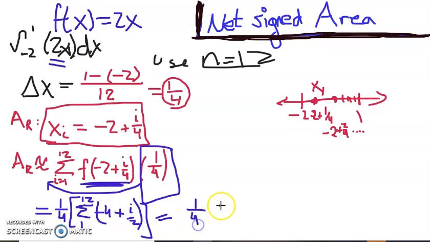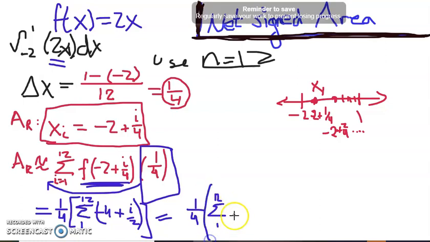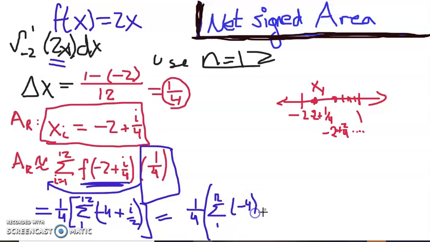So 1/4 times the sum from 1 to 12 of -4, plus the sum from i equals 1 to 12 of, I'm actually going to write this as 1/2 i, just because that makes it a little bit more clear that I have a constant here that I can bring out front.